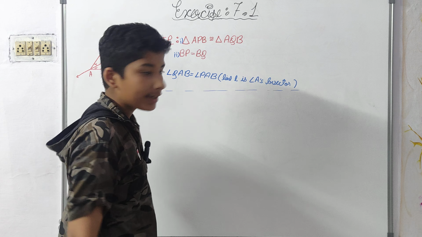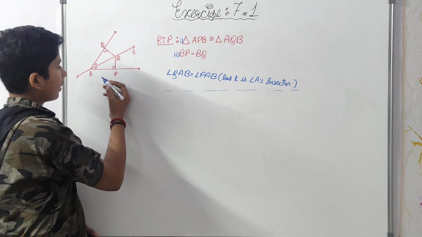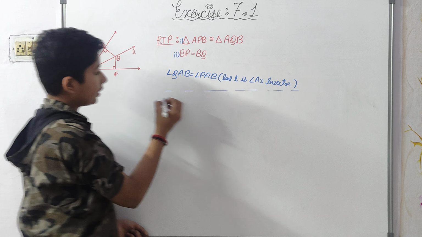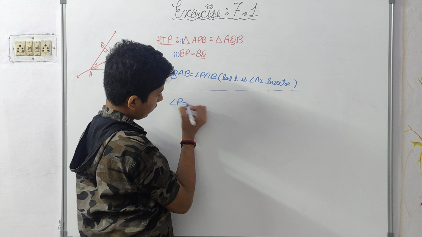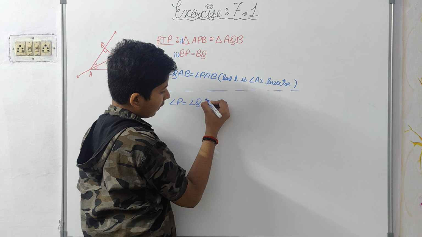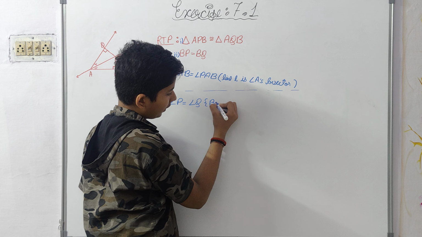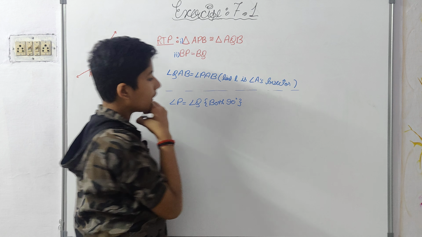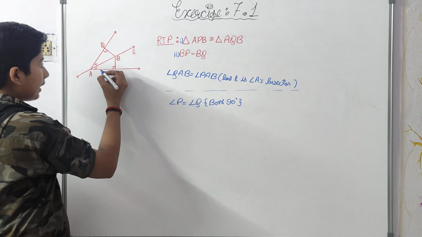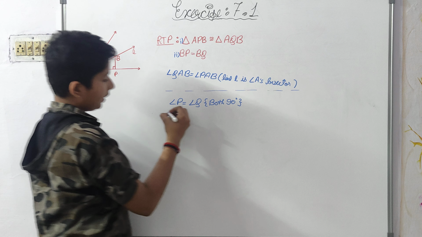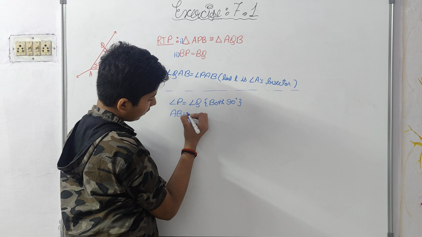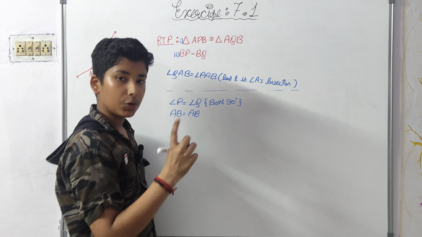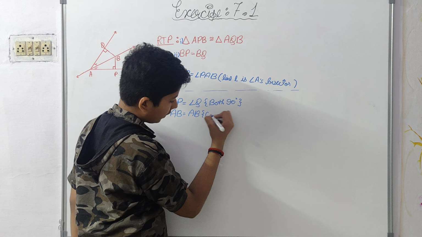Secondly, this 90 degrees and this 90 degrees: angle P equals angle Q, and in brackets you will add both 90 degrees. Now at last we will write that AB equals AB. Why? Because this is the common line in both of them. Common.